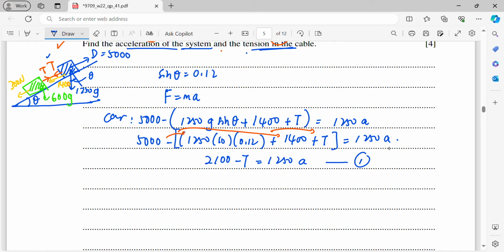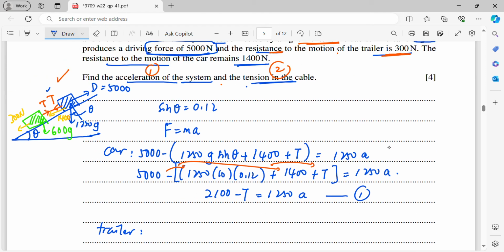Now when I consider the trailer, T will be pointing upwards, so it will be T minus the rest of them. Again, here is theta.